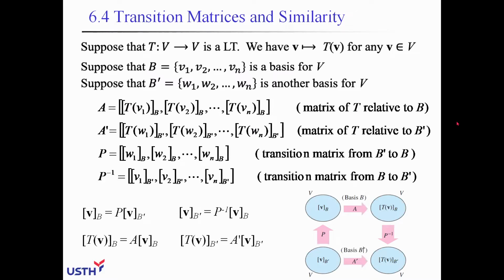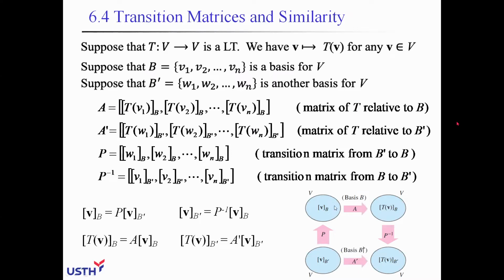We can go from V into here by the mapping T, the linear transformation T. But here we consider the basis B prime, so the matrix is A prime. So at the bottom we have A prime.